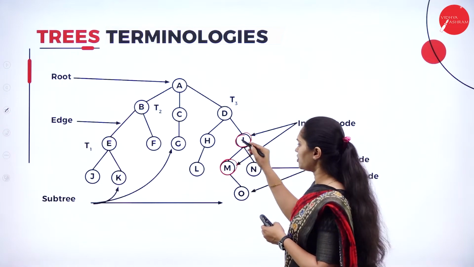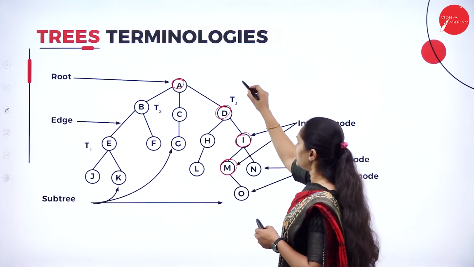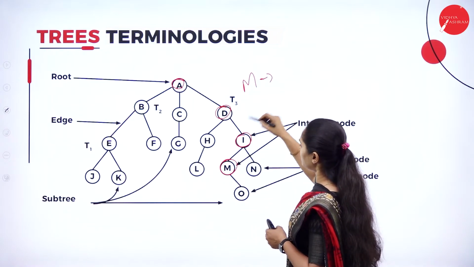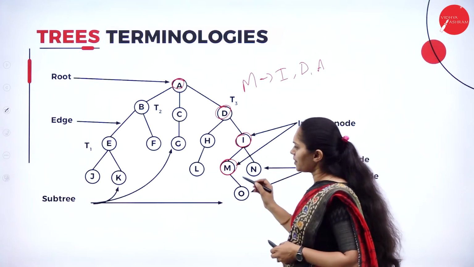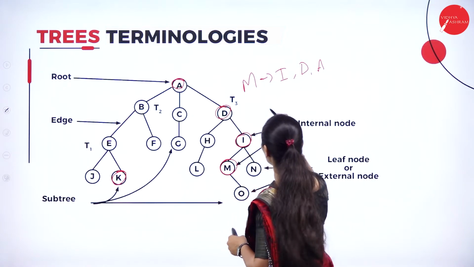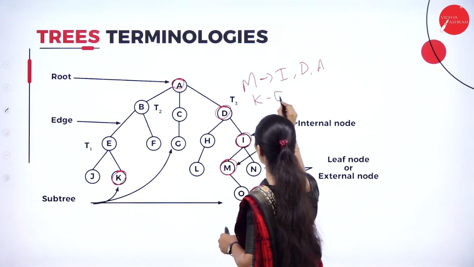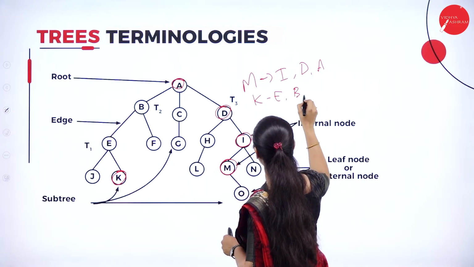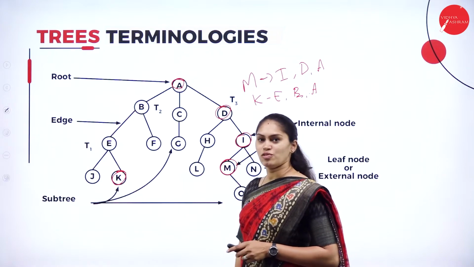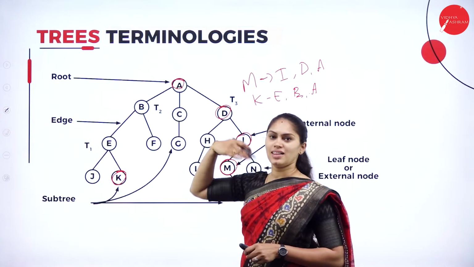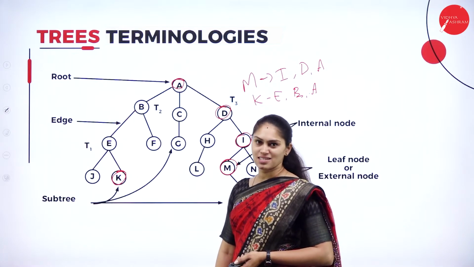That is I. For I it will be D. For D it will be A. So the ancestors of the node M will include I, D as well as A. Let me consider one more example, K. The ancestors of the node K: we have E. For E we have B as a parent node, and for B we have A as a parent node, right? So the nodes we pass going from child to parent, we will be calling those ancestor nodes.